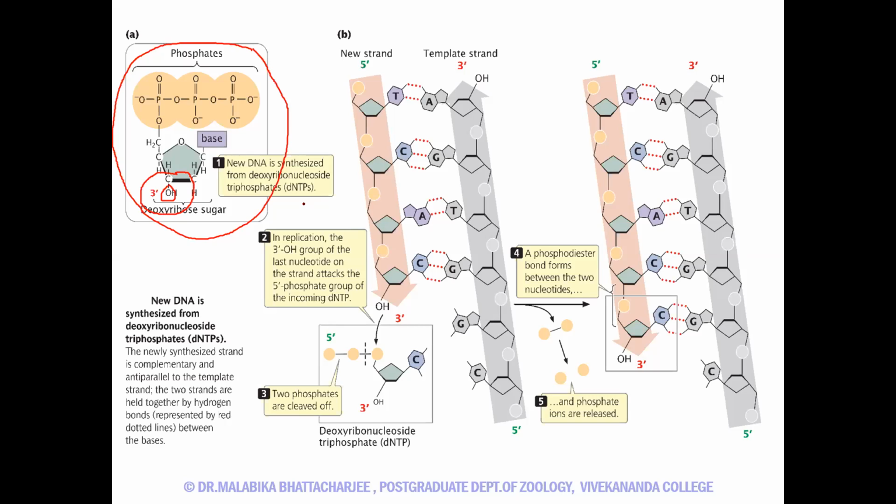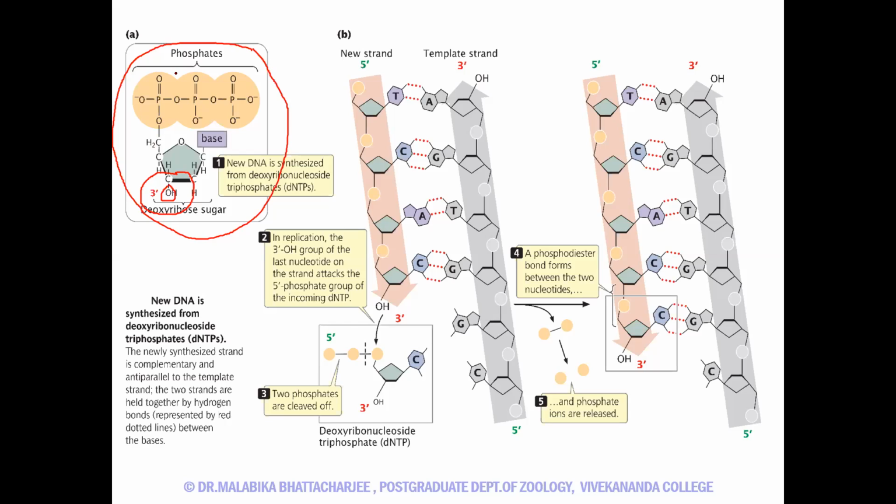So this is one very important molecule that is essential for polymerization. And if you look into the 5' end, the other side, you can see there are 3 phosphates. The phosphate that is attached to the carbon is the alpha phosphate. The phosphate that is attached to the alpha phosphate is the beta. And the next one is the gamma phosphate.